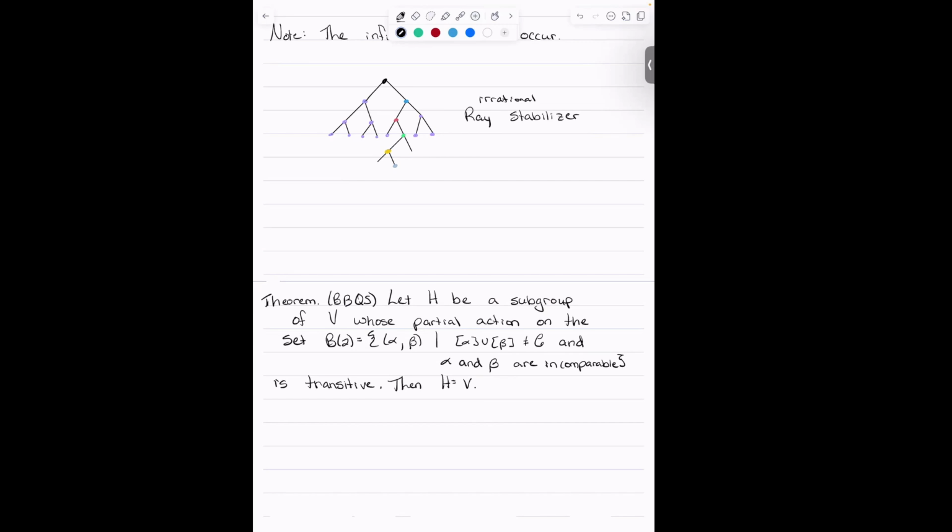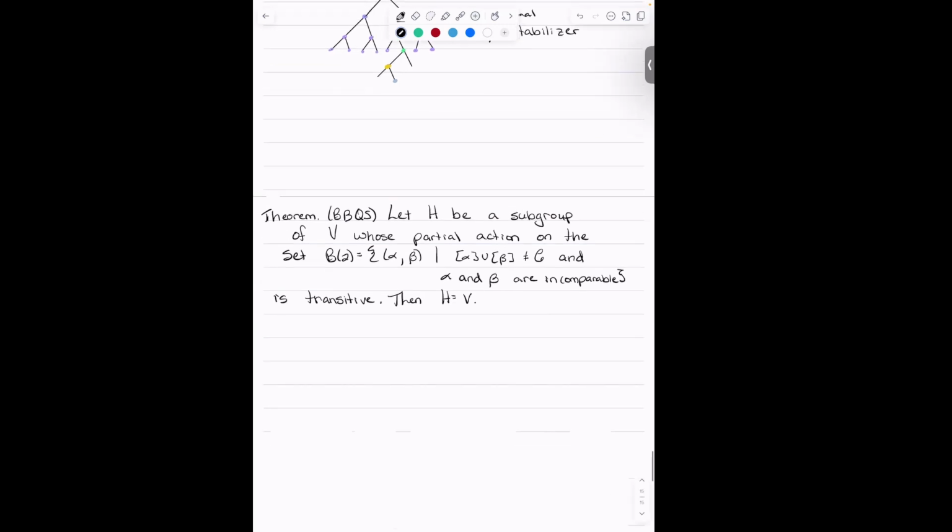But it turns out that if you're transitive on these tuples, then in fact you must be all of V. And one fact is that T has in fact two orbits on this set. So T, for instance, is a group that's going to be transitive on cones, but not too transitive on cones. That's the way to formally state this in terms of partial actions.